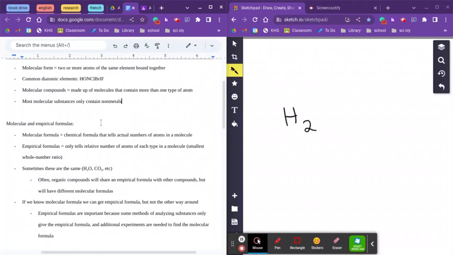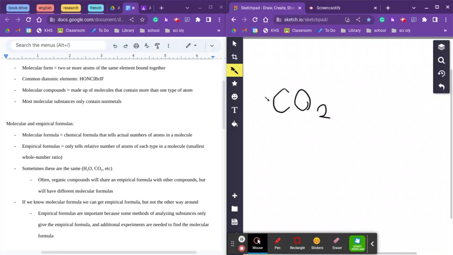Next part is molecular formulas versus empirical formulas. To write the chemical formula for a molecule, there are two ways. Molecular formula is just the actual number of atoms in a molecule. So this is the typical CO2, a very common compound that you know of.